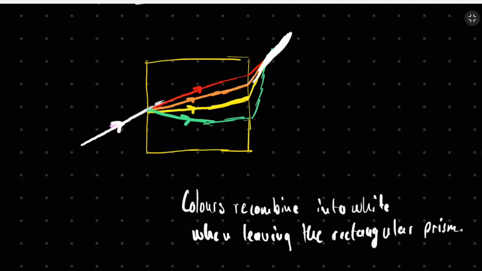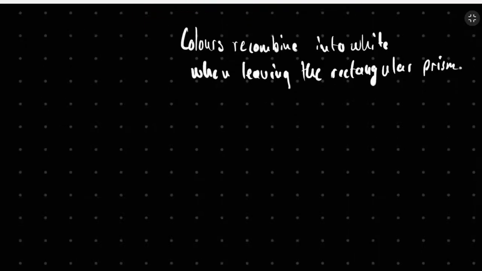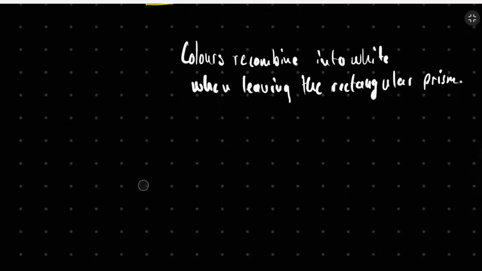Because naturally, we know that refraction goes opposite on a rectangle.